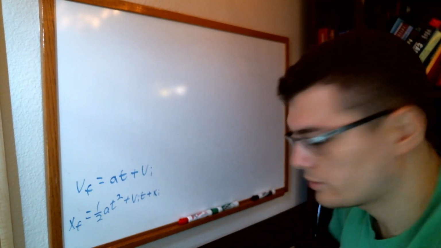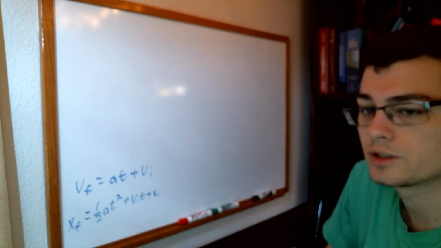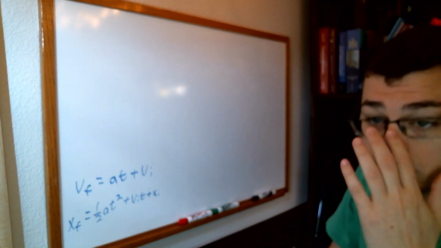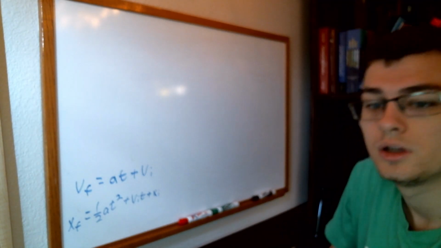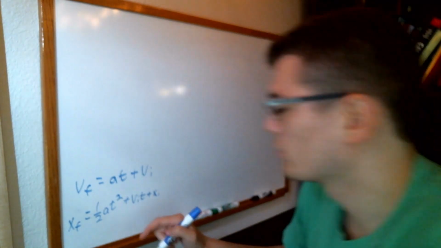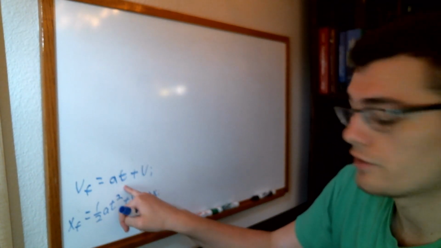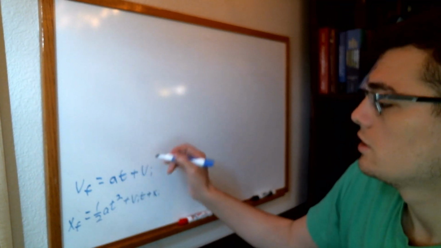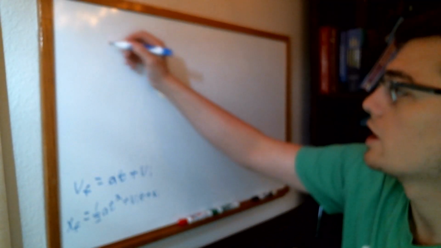Okay, so next up we can take our two relationships that we've derived here and we can find another one that will be helpful when you're only using certain quantities. So what we're going to do is we're first going to just solve this equation here for t. So to do that, we're going to subtract vi to the other side.